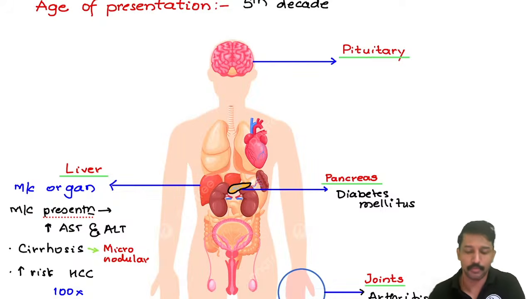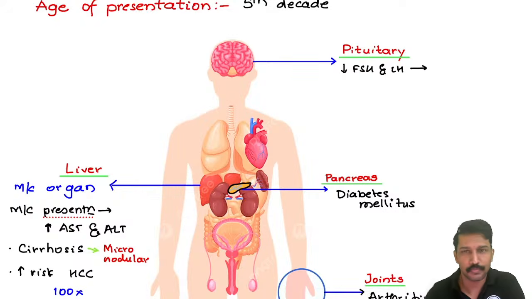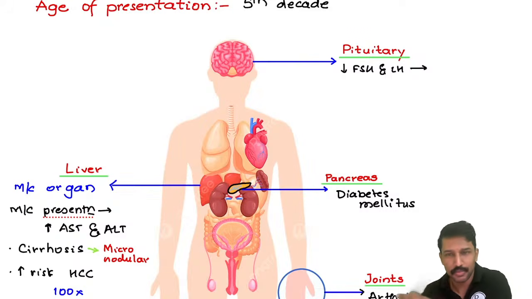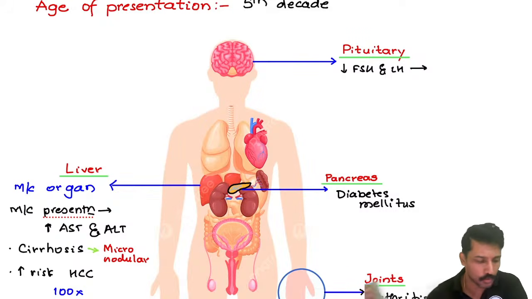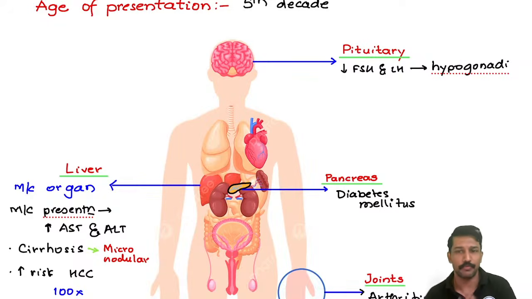So what manifestation am I going to expect because of that? There will be decreased FSH and LH production. What should I call this? These are gonadotropins. So their production is reduced. So we'll have hypogonadism because of decreased gonadotropins. In the sense, in males, the testicular function; in the females, the ovarian function will be affected.